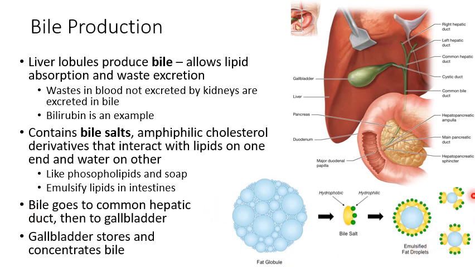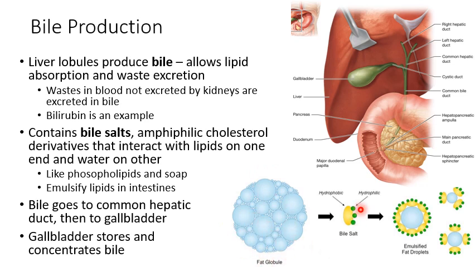In this image here, you have that process. You start with these large globs of fat in the chyme. Since fat does not interact with water, it's hydrophobic, it's not going to get broken up in the water very much. It's going to stay in these large globules where the lipids are all just sticking together.